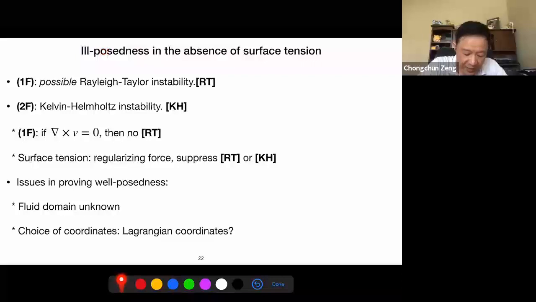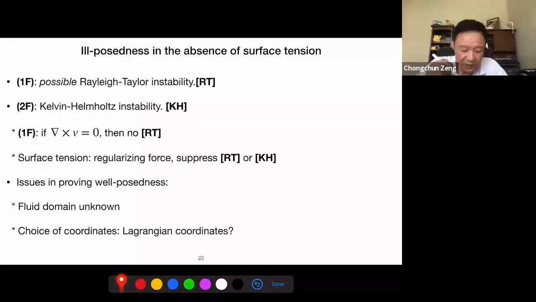And the same thing can be said for the Helmholtz instability, not the same thing. In the two fluid case, without surface tension, instability can occur for all high wave numbers with the exponential growth rate proportional to k squared, roughly proportional to k squared as k goes to infinity. So they also cause unbounded exponential growth rate for higher wave numbers.